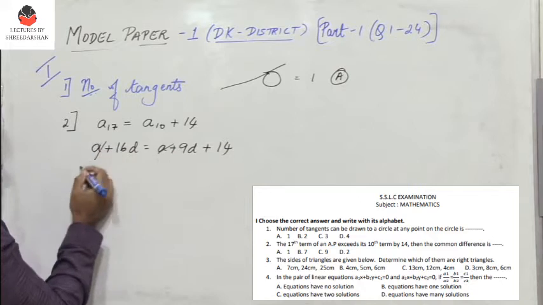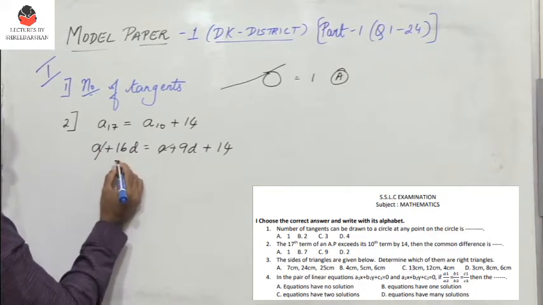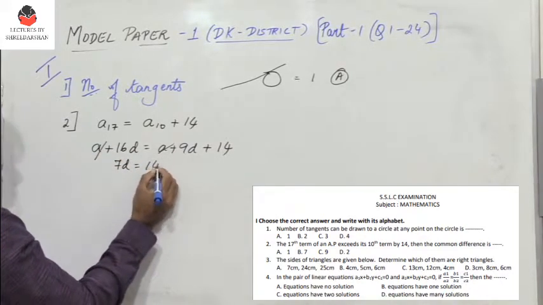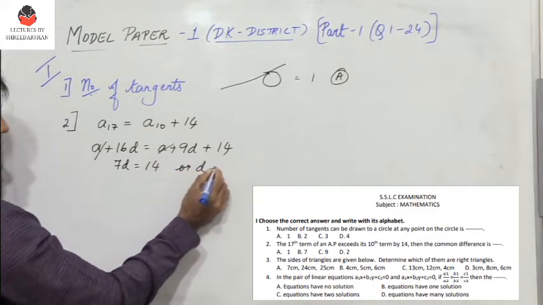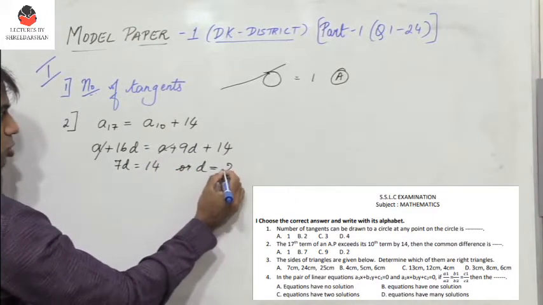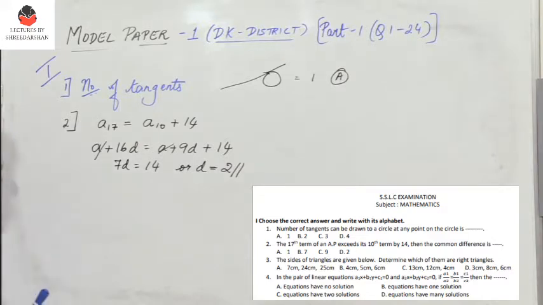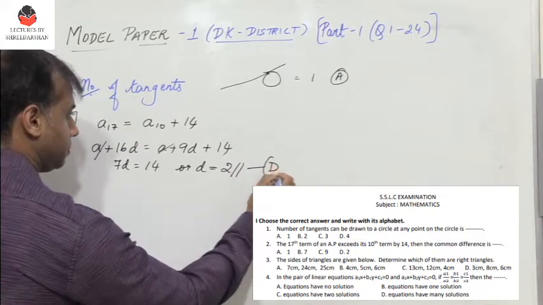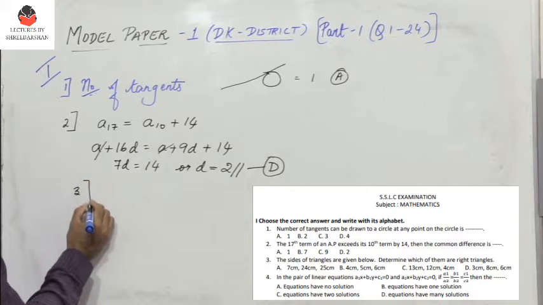So a gets cancelled. I bring 9d to this side, I get 7d equals 14, or d equals 14 by 7, which is 2. So the common difference is 2. The option is D.